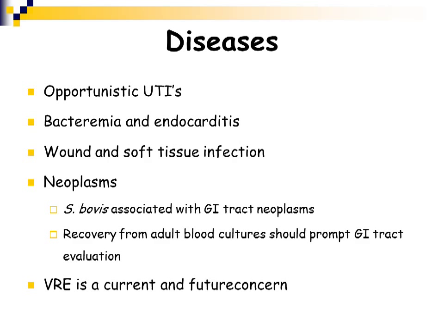And Streptococcus bovis, which is a group D strep, has been associated as causing gastrointestinal tract cancer. So if Streptococcus bovis is recovered from a blood culture, that individual should very quickly be scanned for GI neoplasms to see if they have a GI cancer.